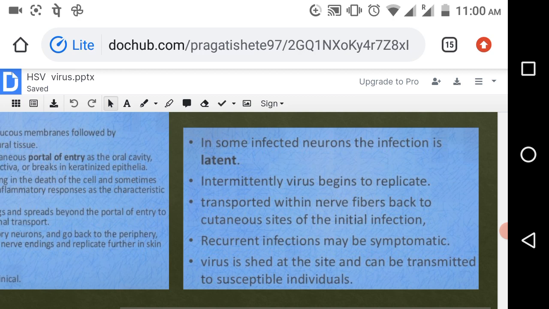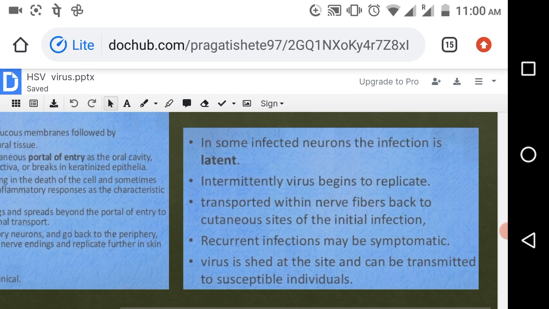In this site the virus can remain protected and can be transmitted to a susceptible individual. Susceptible means those who are low in immunity or who are in poverty areas.